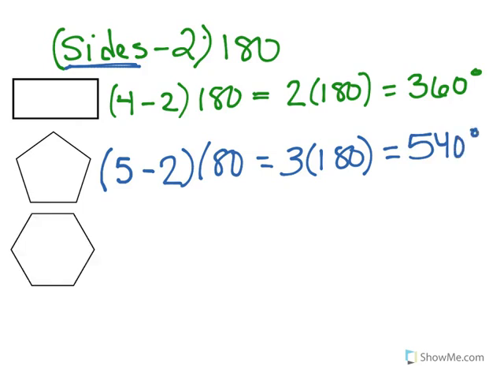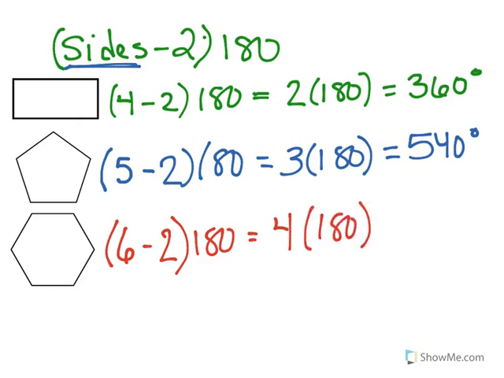Then we're going to bring in the hexagon. Our hexagon has 6 sides. We substitute our number of sides with 6. Subtract 2. Multiply times 180. 6 minus 2 is 4 because we do our parentheses first. Multiply times 180, and this time we're going to get 720 degrees.